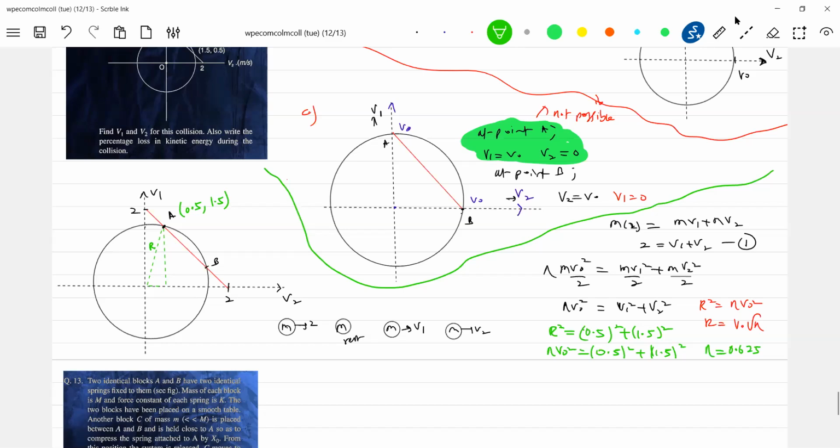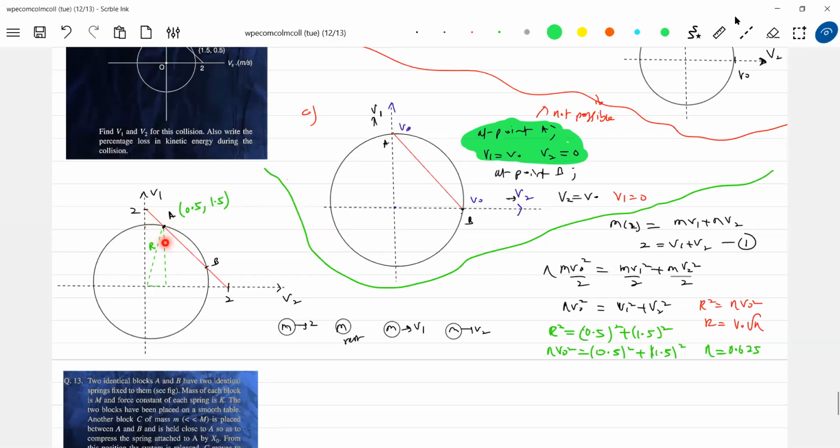Now, what is that 0.625? What is that eta? First of all, sir, you wrote something eta. Eta is what? It is like a factor by which kinetic energy decreases. So 1 minus eta into 100% will become the percentage loss in kinetic energy, because the kinetic energy will decrease. Sir, how can you see?